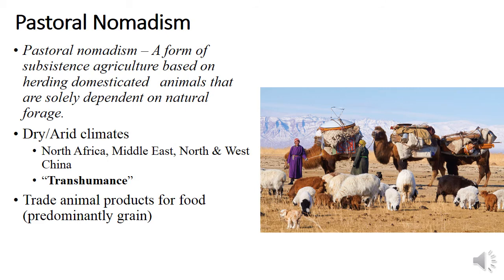A lot of pastoral nomads, and if you recall from the video I asked you to watch in the previous lecture, there's a National Geographic video in there about pastoral nomads, and attached to this lecture on the next slide, there's a short kind of fun video about the life of pastoral nomads. They're not strictly eating these animals, right? The animals provide them with a way of life.